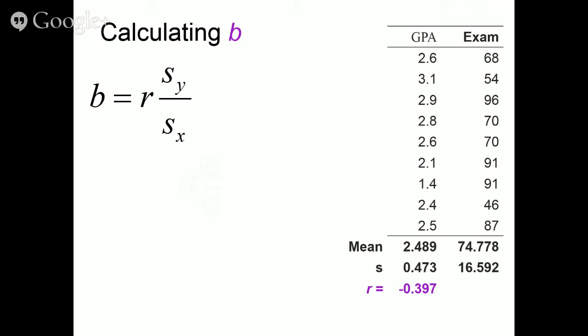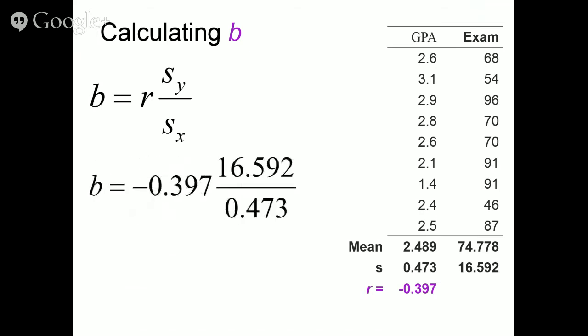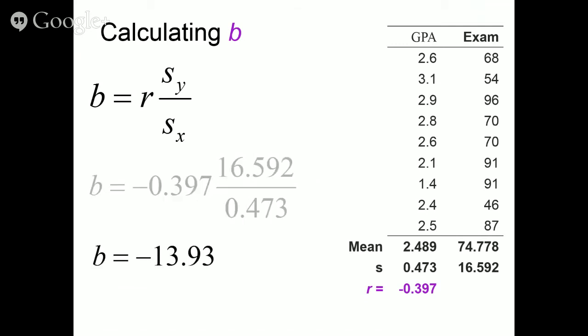That's how you figure out B. Plugging in those values, the correlation coefficient is negative 0.397, and the standard deviation of the exam scores, which is y, is 16.592. The standard deviation of GPA is 0.473, so that's what you do. And you end up with negative 13.93.